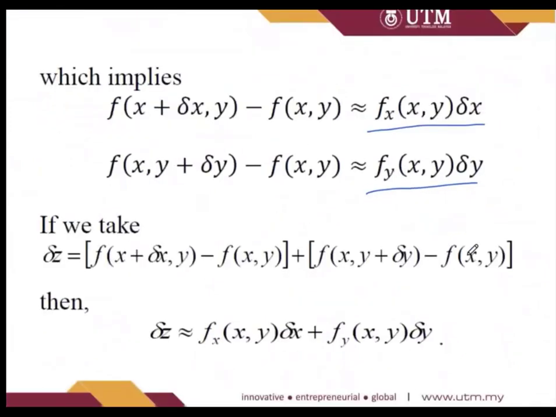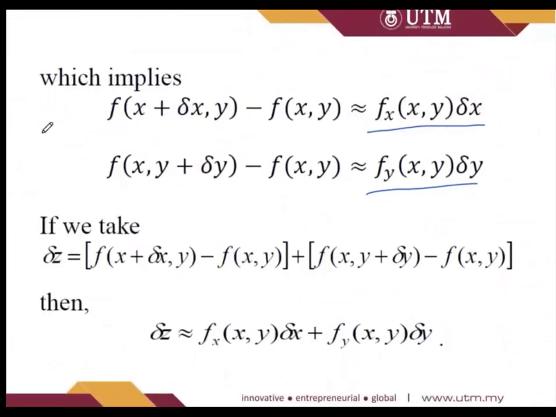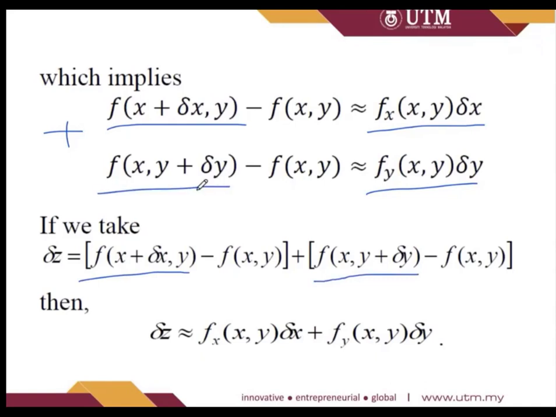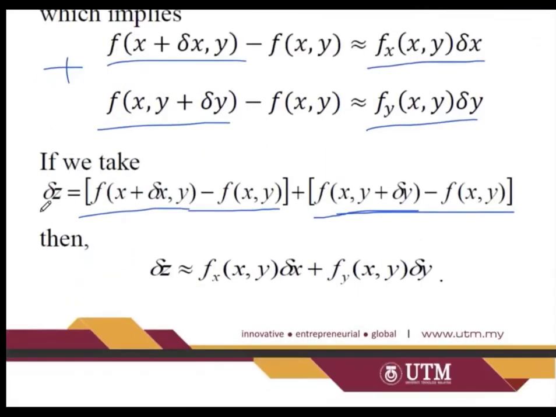After that, you add this one: f(x plus delta x, y) plus f(x, y plus delta y). If you add both, you will get del z. So del z is the increment.